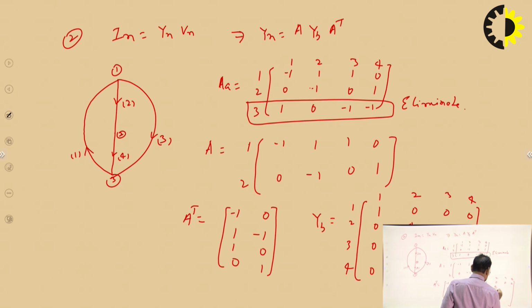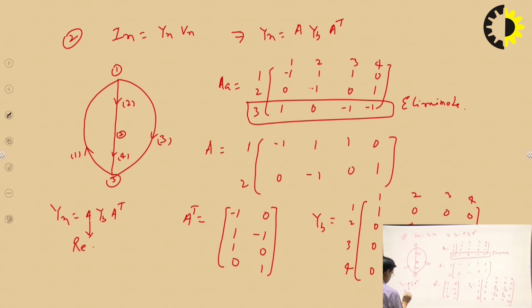You can check, okay. Simple, 1 by 11s, minus 1 by 11s, 3 by 11s. This is 0, this is 0, 0, 0, 2s. So YN is A, YB and A transpose, and this is the reduced incidence matrix.